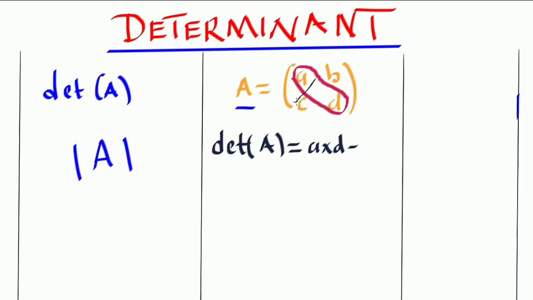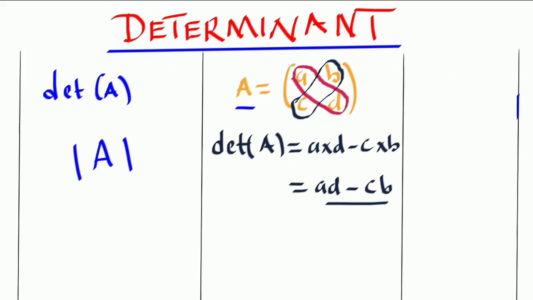The minor diagonal is this one here, so that would be C times B. And when you do that, you're going to get AD minus CB. So this is our determinant.